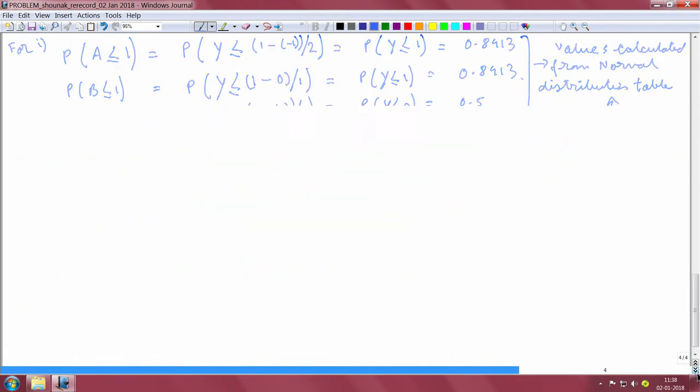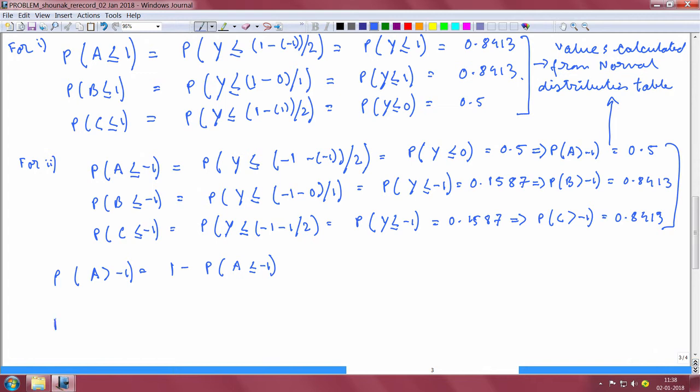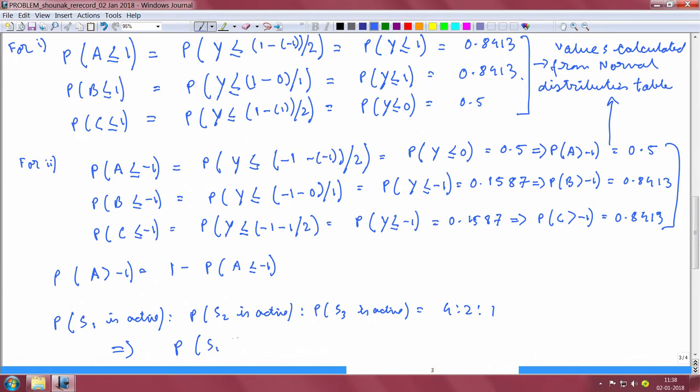So, what we are going to do? We will do a simple ratio, that is probability that S 1 is active to probability that S 2 is active to probability that S 3 is active is in the ratio 4:2:1, which implies probability that S 1 is active is equal to 4/7, probability that S 2 is active is equal to 2/7 and probability that S 3 is active is 1/7.